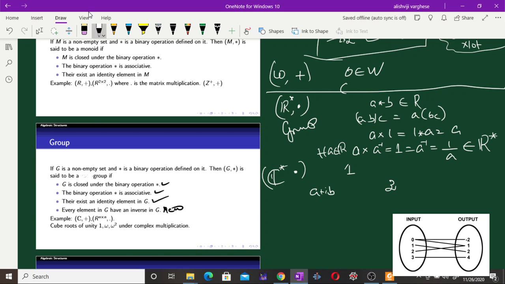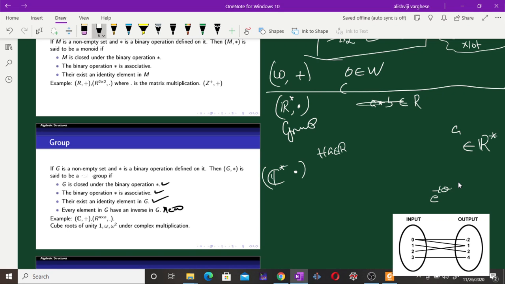Or if z is a complex number r e raised to i theta, then we can find the inverse as 1 by z is equal to 1 by r e raised to minus i theta. So for every complex number which is not equal to 0, we can find the inverse, and therefore C star together with multiplication is also a group.